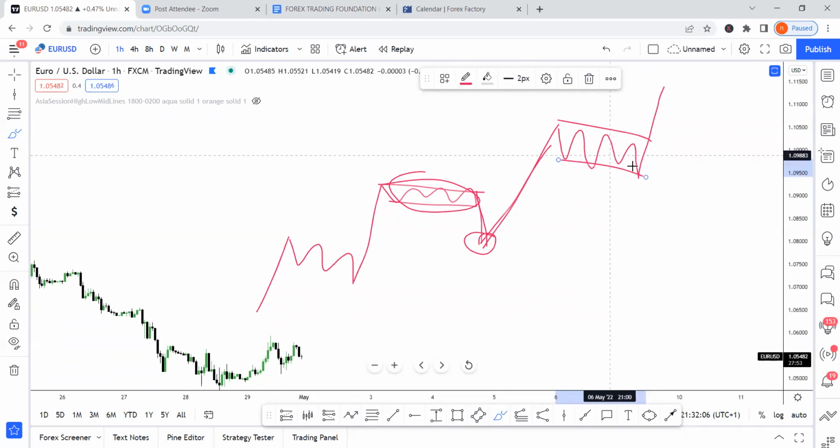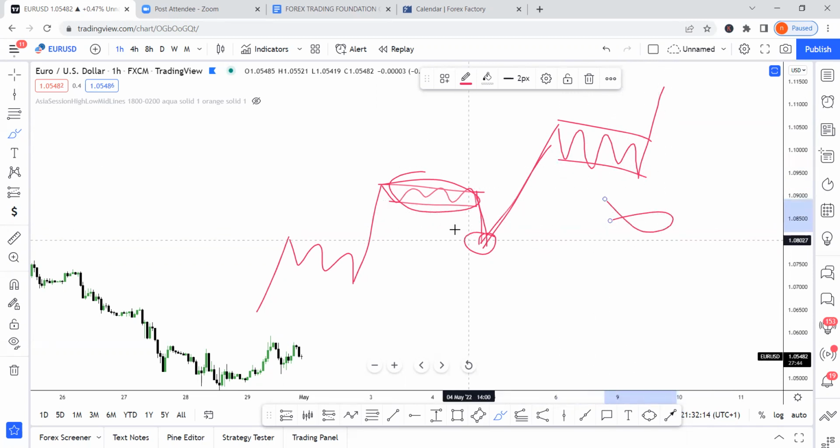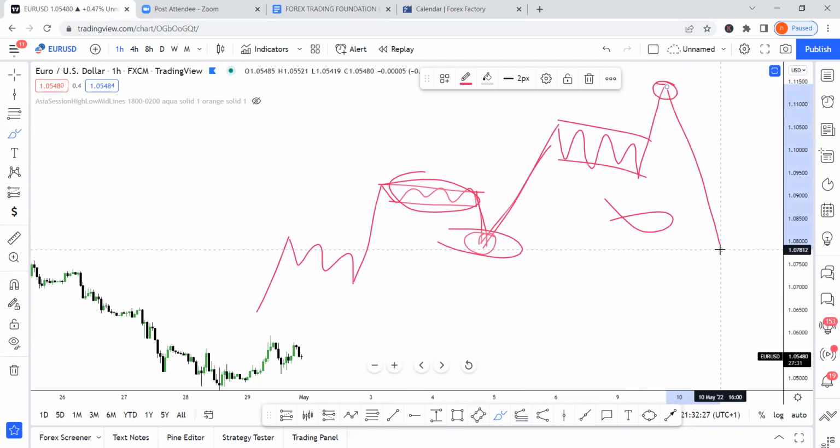So if this is an uptrend and it must still continue to go up, it's supposed to come and pick liquidity at demand here, just as this one comes to pick liquidity at demand and move up. But instead of coming to pick liquidity at demand, the London session pushed it to supply, to pick liquidity at supply. That means the New York session is going to break it down. Correction, break it down. Simple.